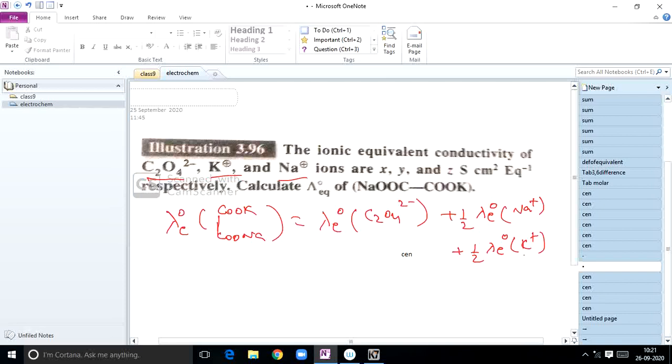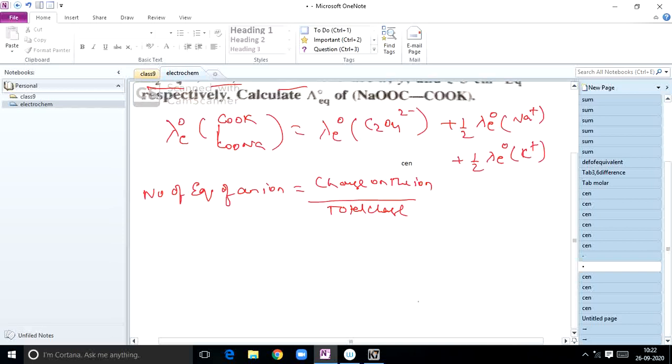So what formula? Actually, number of equivalents of an ion is equal to charge on the ion by total charge. So what is the total charge here? From that equation, if you observe, total charge is 2 units.